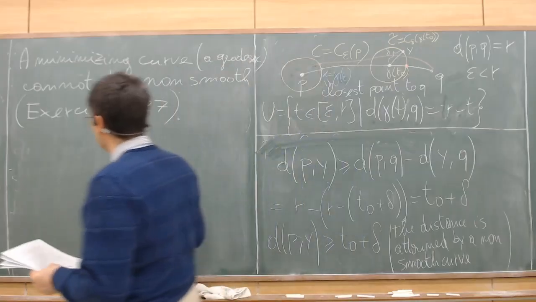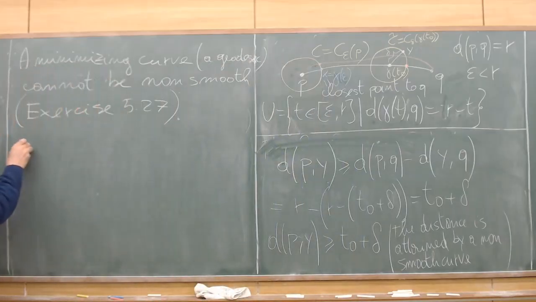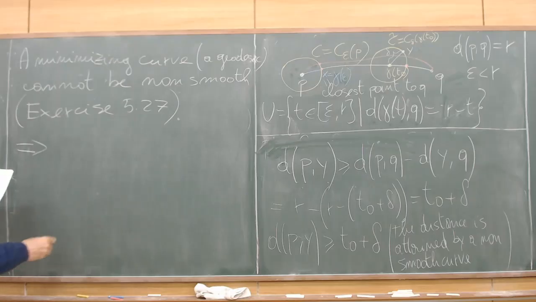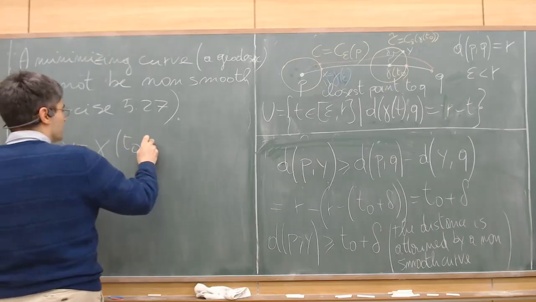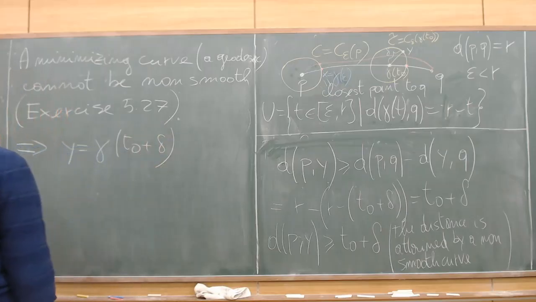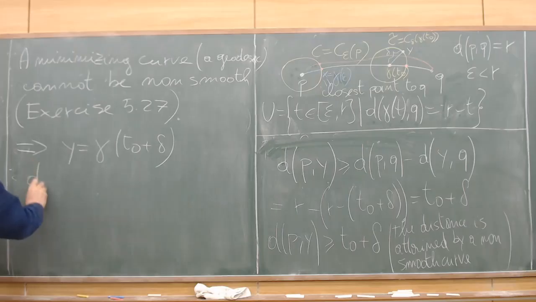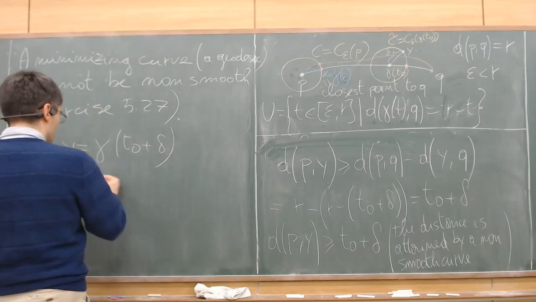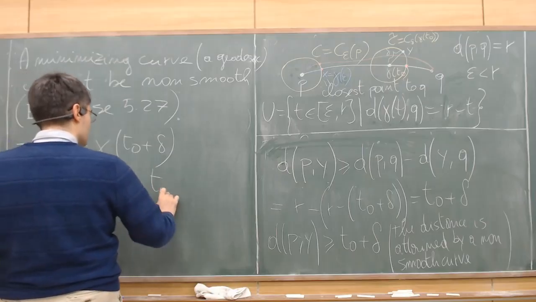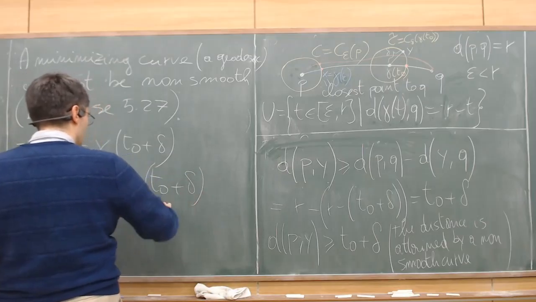So since we reached the contradiction, we have that Y is equal to gamma T0 plus delta, and the distance of Y to Q is R minus T0 plus delta.